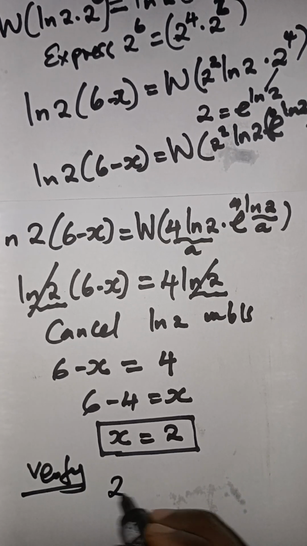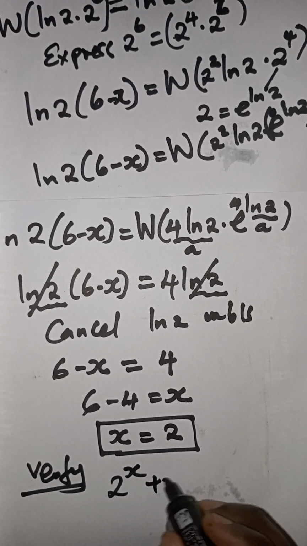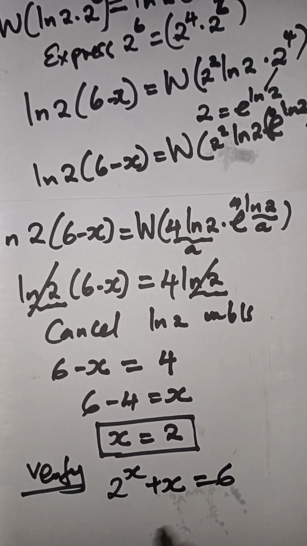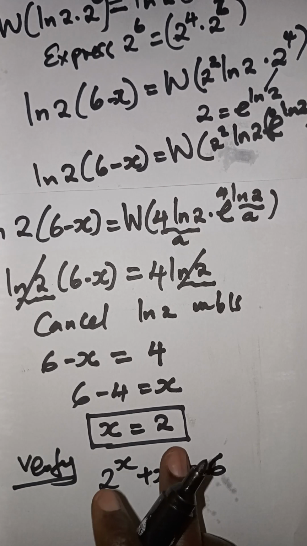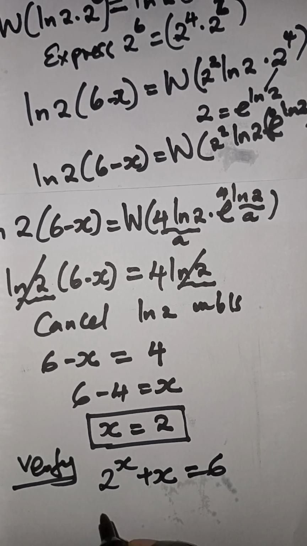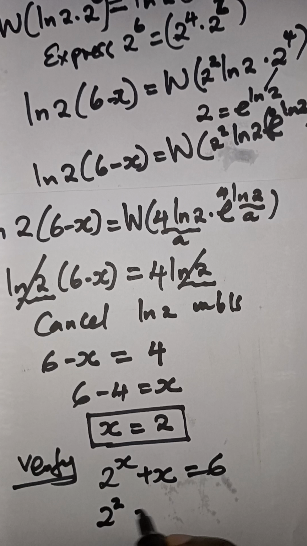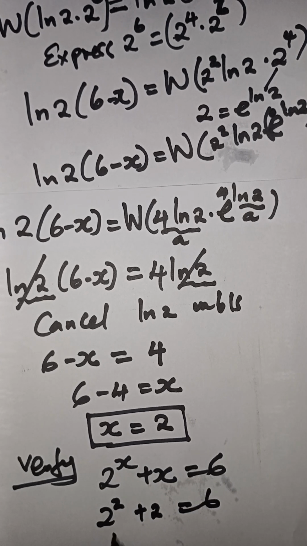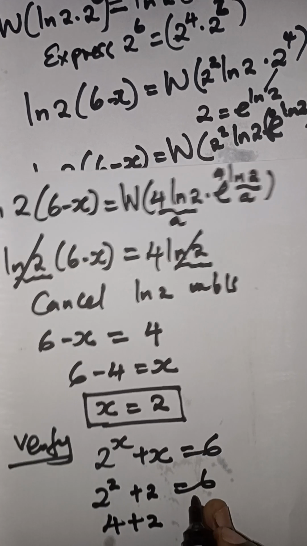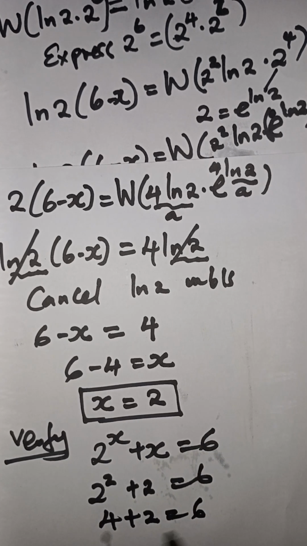We had 2 raised to power x plus x should give me 6, and of course we've managed to find the value of x as 2. So substituting 2 power 2 plus 2 gives us 6, meaning 4 plus 2 is the same as 6, and 6 is equal to 6.